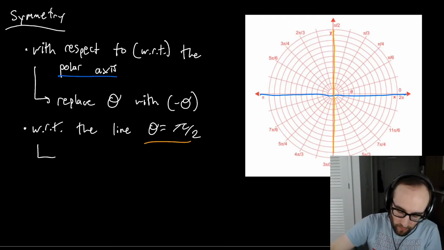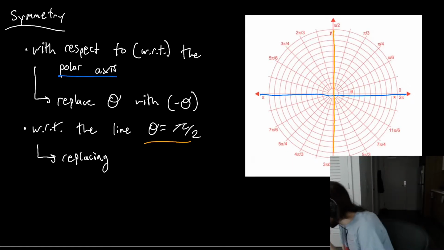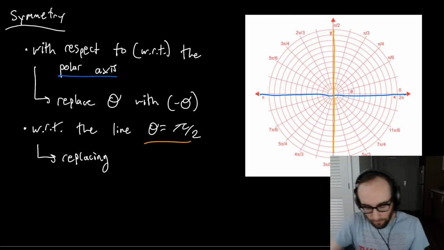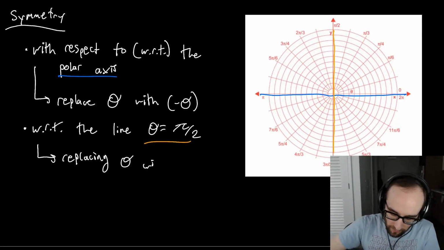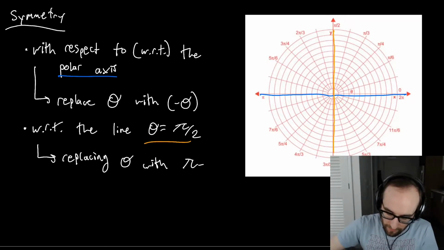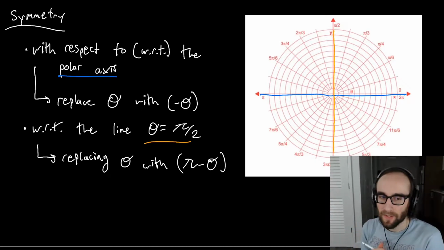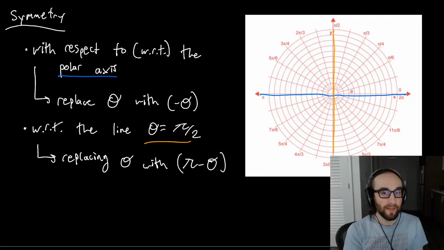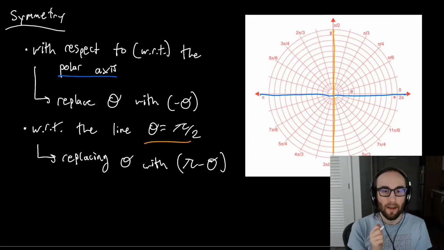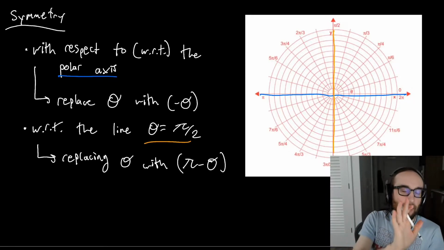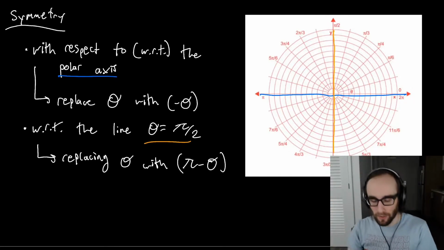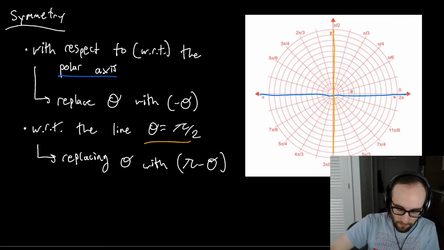We can test for symmetry here by replacing theta with pi minus theta. If you replace theta with pi minus theta and it matches up exactly, then your equation is symmetric across that line. And that means that it can be flipped horizontally across the vertical line theta equals pi over 2.